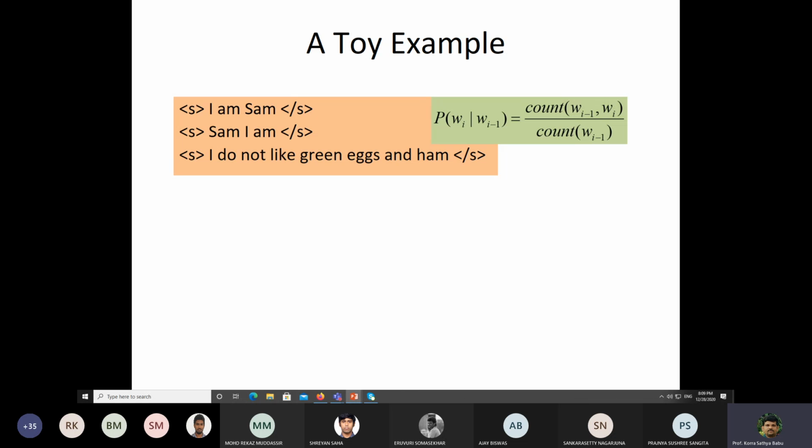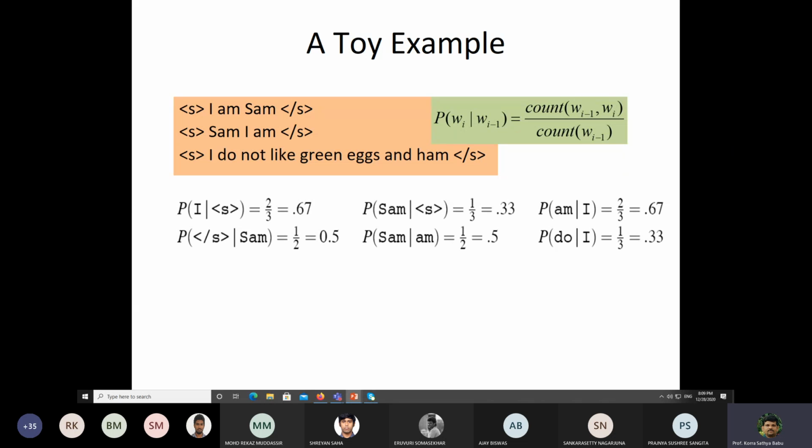How do we compute the bigram estimate? Please check here. The probability of I given the start of sentence symbol means that after the start symbol, I occurs. How do you compute this?